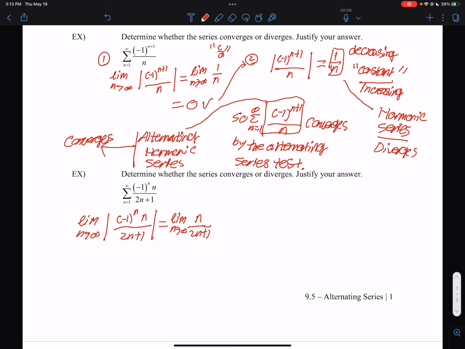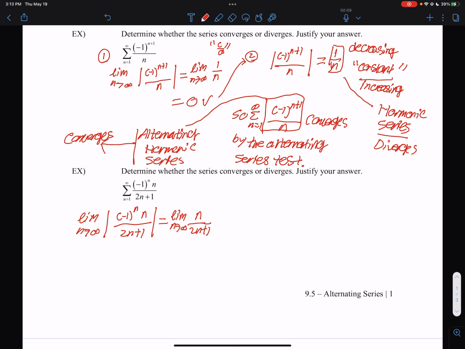Due to the absolute value, the negative 1 to the n will be eliminated into positive 1, and this leads to the rational function limit theorem, with the same degree for the n divided by 2n. Therefore, we can conclude that it equals 1 over 2, and this doesn't equal 0.